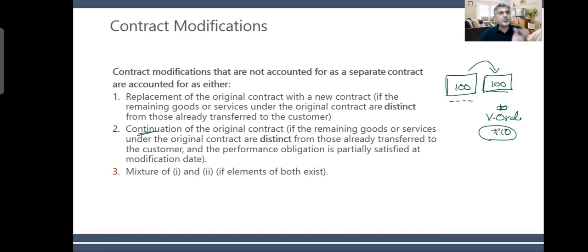And it will save you time and it will save us time. We know that we have to give you $10 more. We agree that we have to give you $10 more. But if we try to give 10 more here, then continuation will be a problem or replacement will be a problem. So let's do it with 100 so that we are not bothered with the new contract thing. It's a continuation.